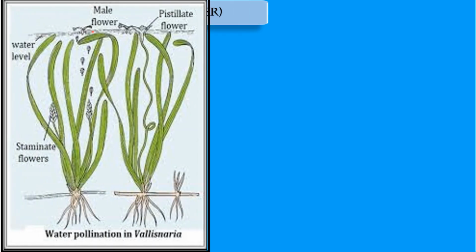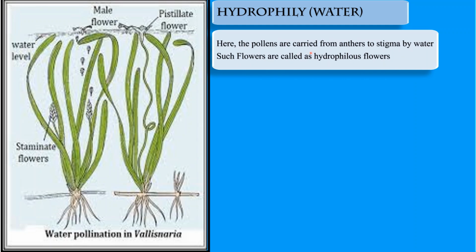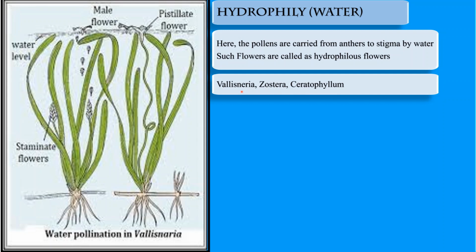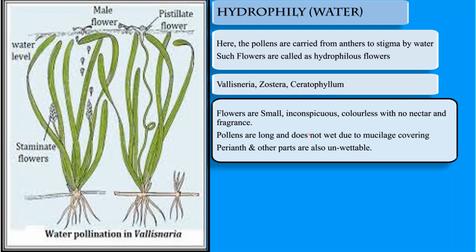In hydrophily, the pollens are carried from anther to stigma by water. Such flowers are called hydrophilous flowers. The examples of such type are Vallisneria, Zostera and Ceratophyllum.